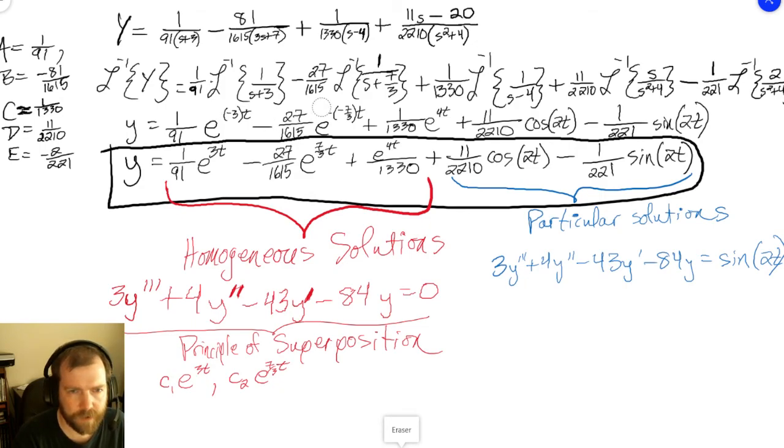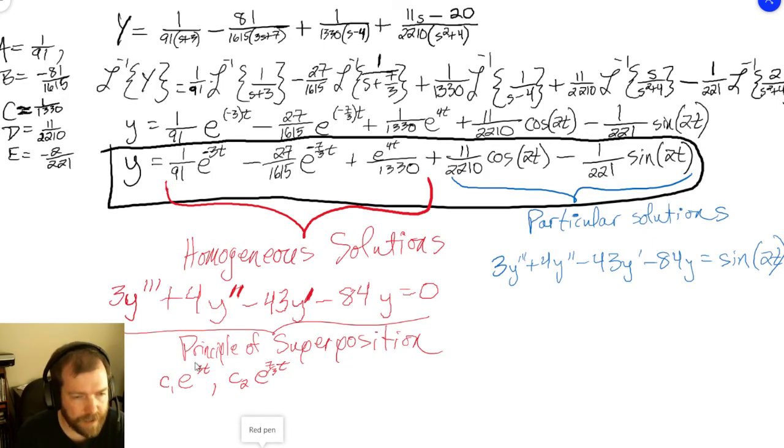That one. Yeah, so this should be a negative 3t, should be negative 7/3 here, and this should be a 4. Okay, we're good.